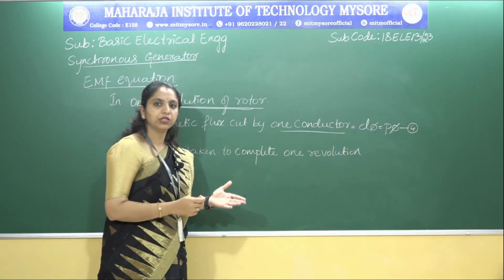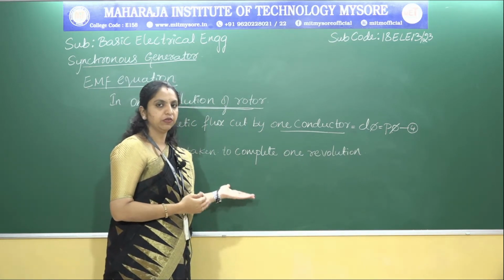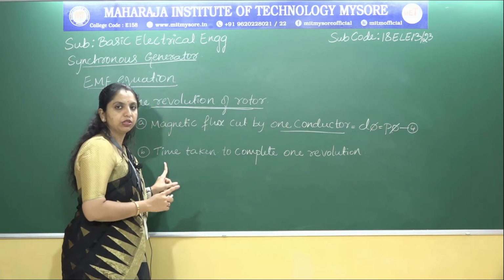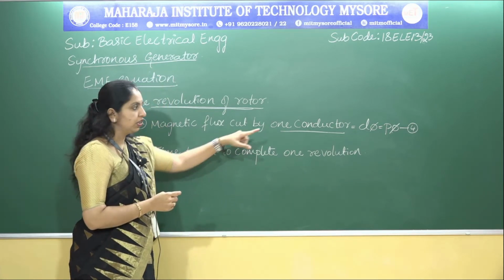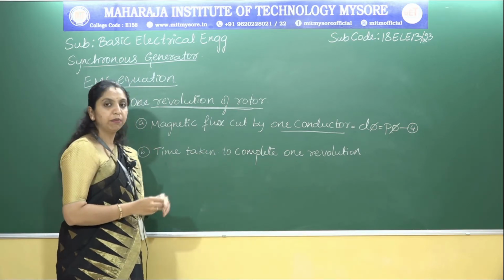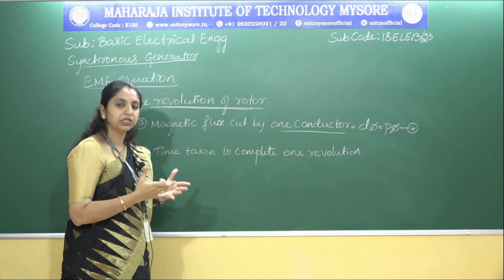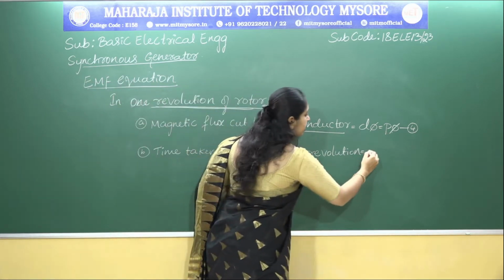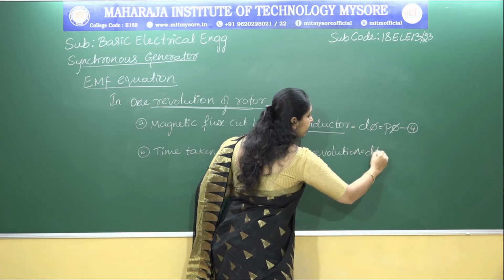Because we have taken equation 3 as the frequency equation, and here is the time taken to complete one revolution. In the first case we have seen d phi is equal to P phi, and in the second case, how much time it needs to complete one full revolution can be considered as dt, that is the change in time.